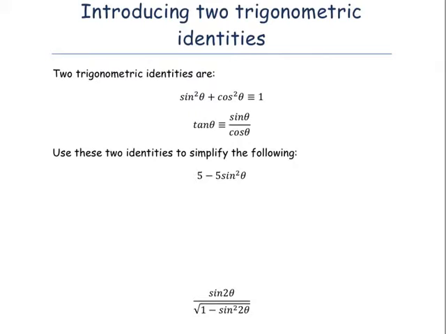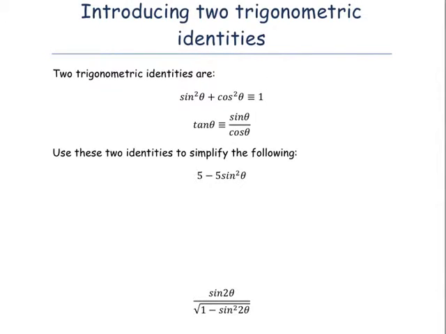Now we're going to use these two identities to simplify the following: 5 minus 5 sine squared theta. The big hint here is that because we've got sine squared theta, we must be using the top identity.